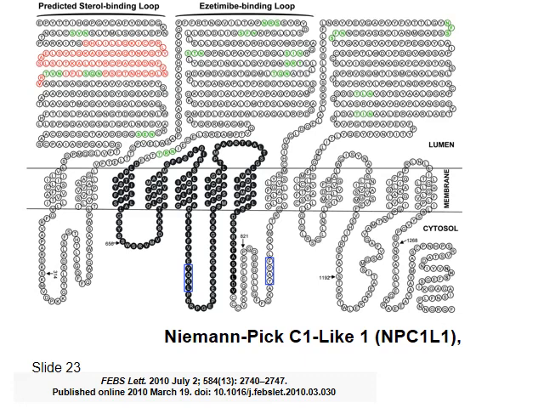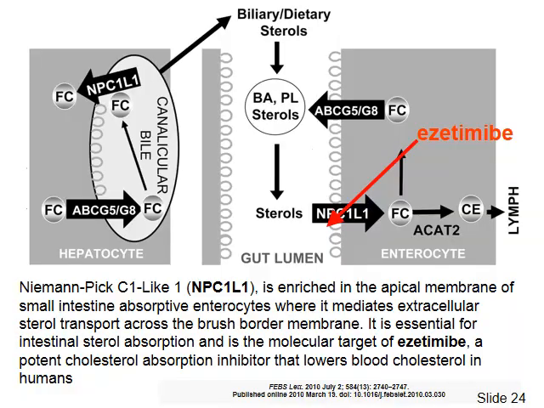And so how does that look? Well, here we have a diagram of the localization of the NPC1L1 receptor in various places in the body. And one of the places we see this receptor, if you look to the right, is on the surface of the enterocyte, but on the luminal surface, the surface facing the lumen of the gut.